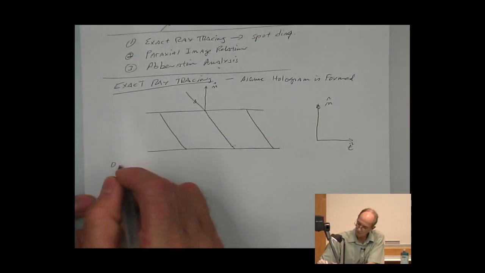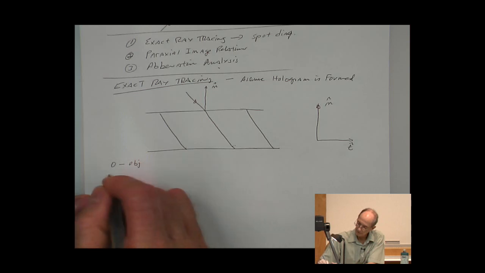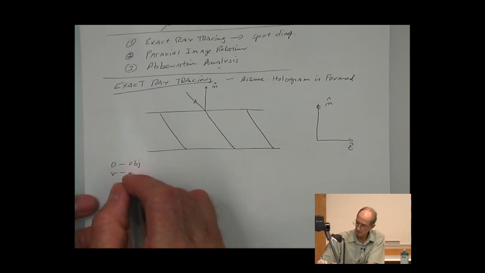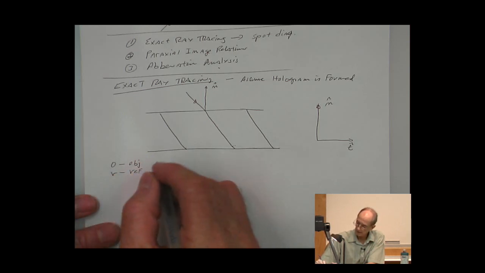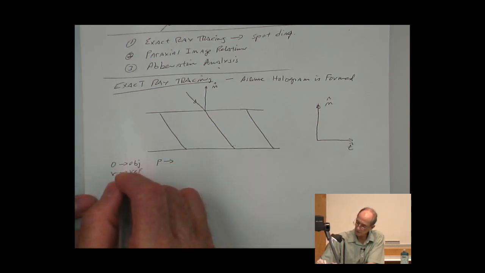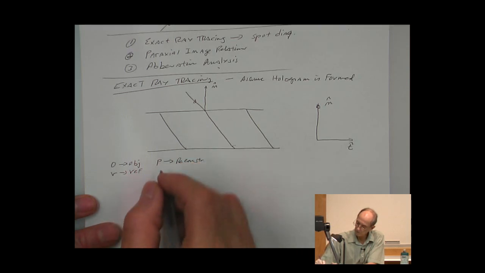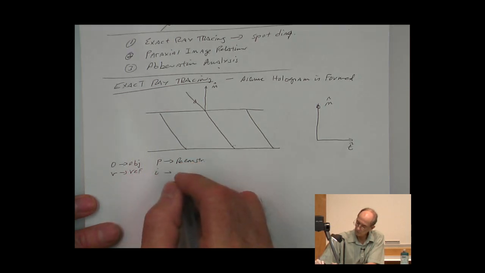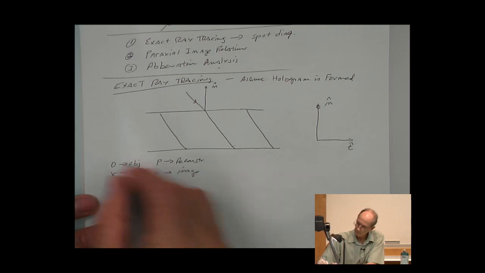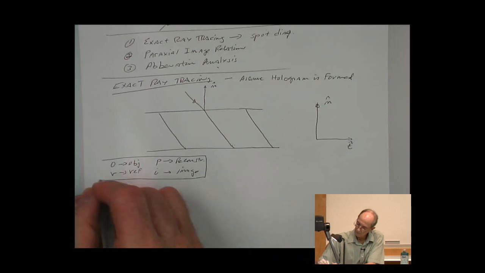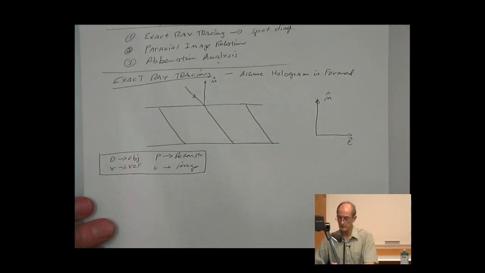We'll have O for the object, R for the reference beam, P for the reconstruction beam, and I for the image. So that's a little key for all the subscripts here.